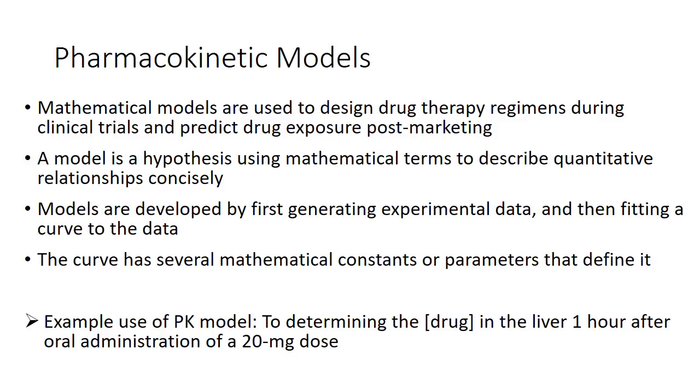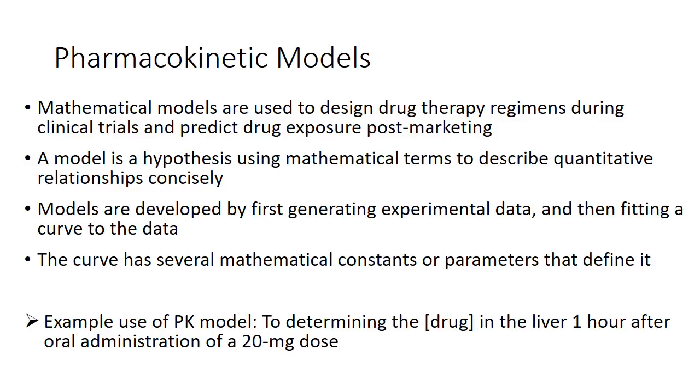Models are developed by first generating experimental data. So you have to give the drug to a patient or a subset of patients, a small number, monitor the blood concentration over time, and then start generating the data for all these different terms. We've talked about Cmax, Tmax, area under the curve, half-life.